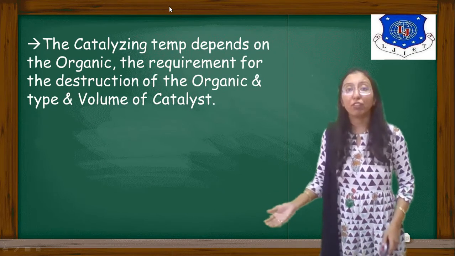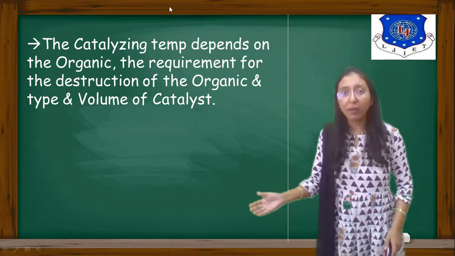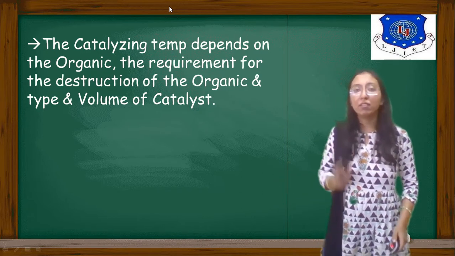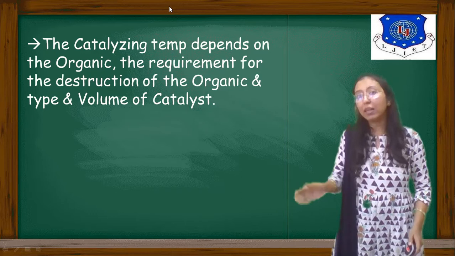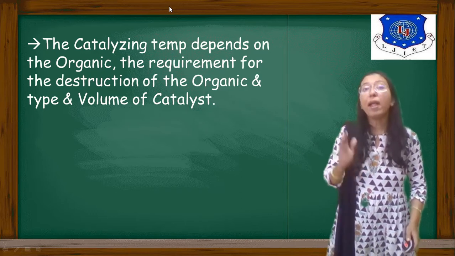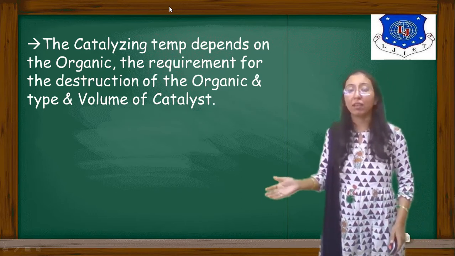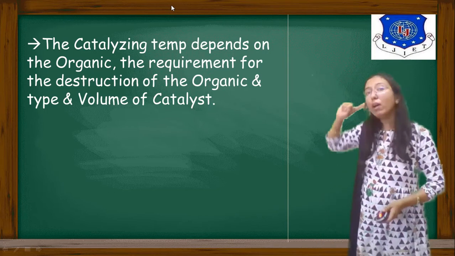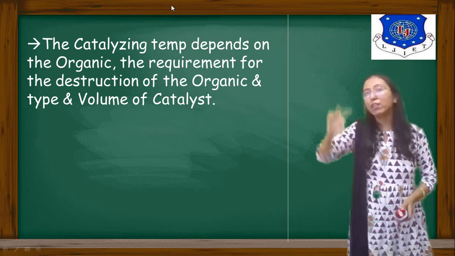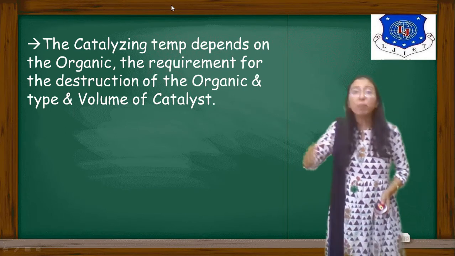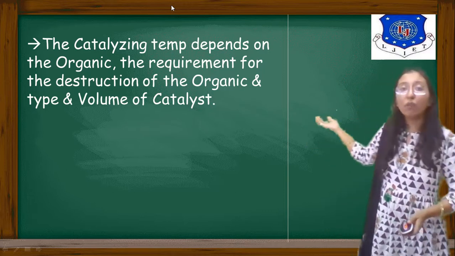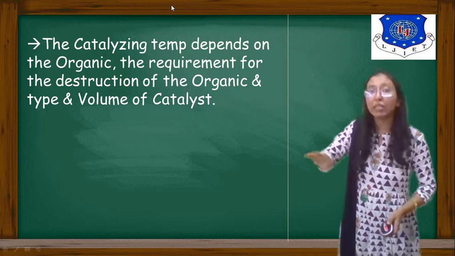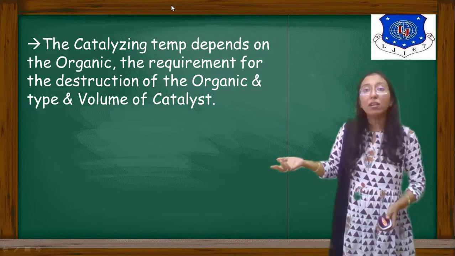The catalyzing temperature depends on the organic, the requirement for the destruction of the organic, and the type and volume of catalyst. So the catalyzing temperature depends on which type of organic we have used, and its volume.